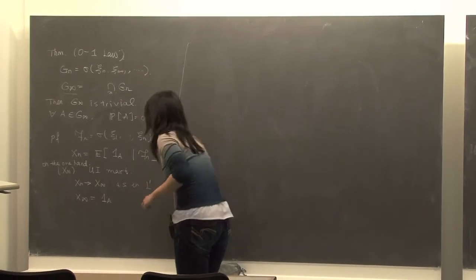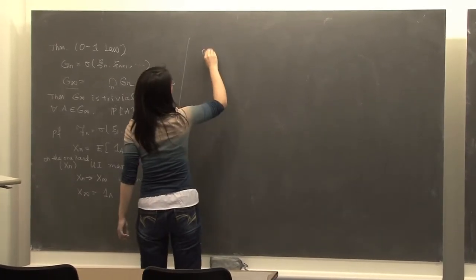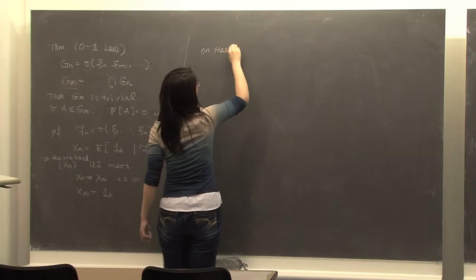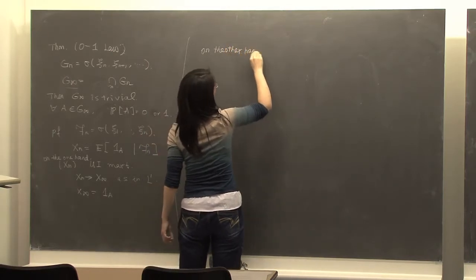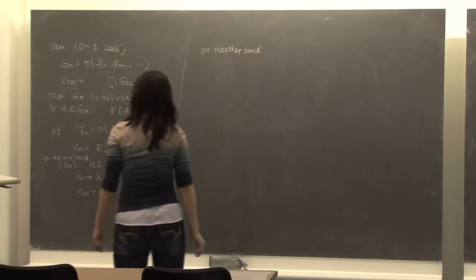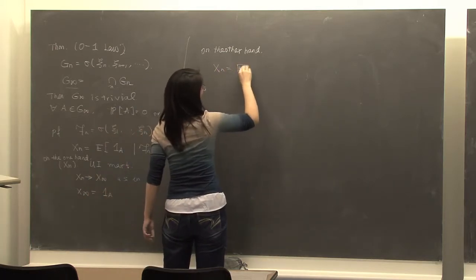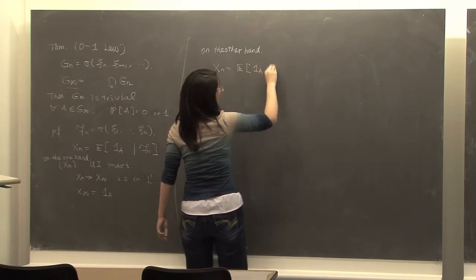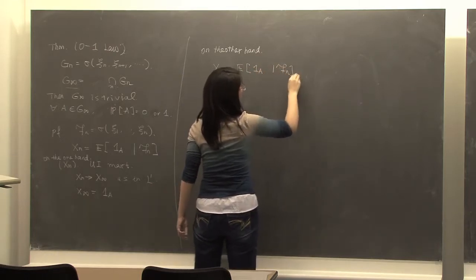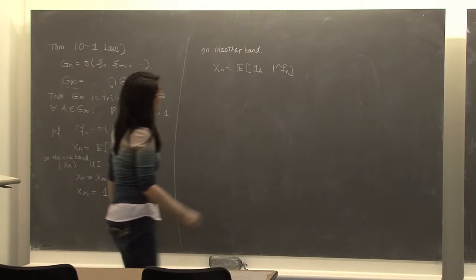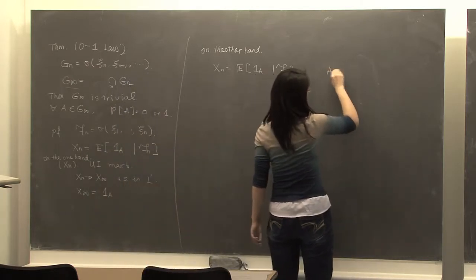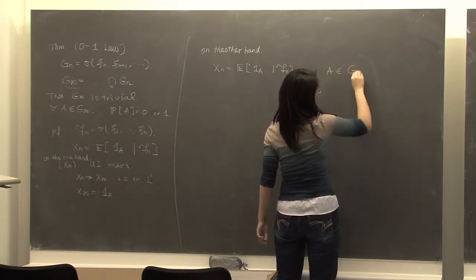Okay. On the other hand, let us check what is this Xn. So Xn is the conditional expectation of 1_A given Fn. And here we know that A is in G infinity.